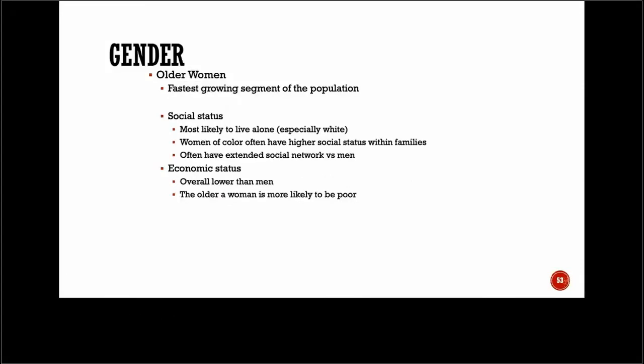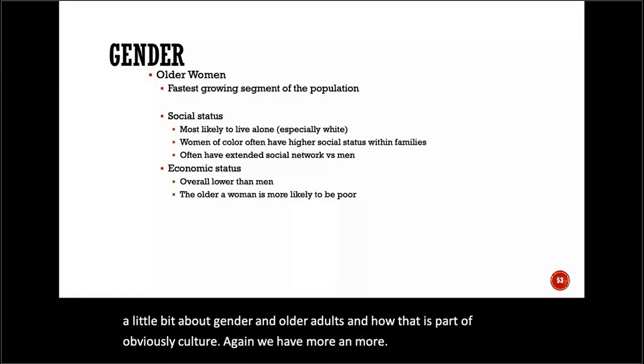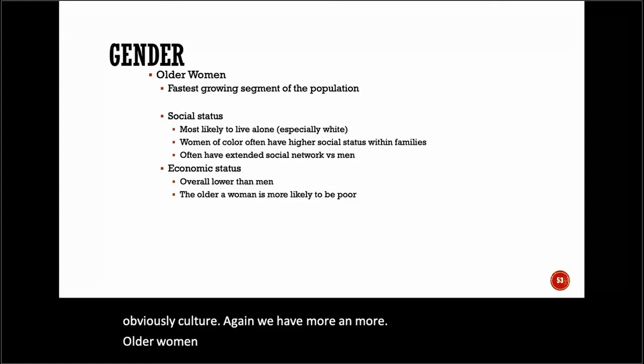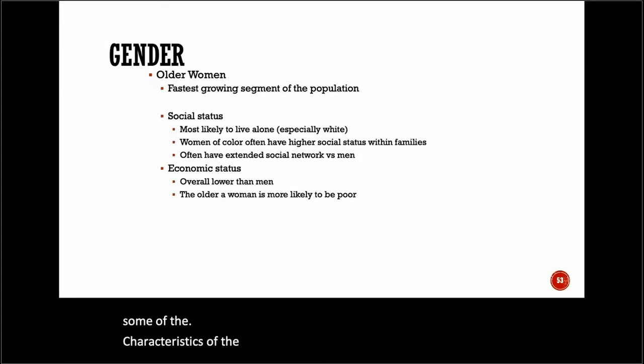A little bit about gender in older adults and how that is part of, obviously, culture. Again, we have more and more older women as a population, or a cohort, if you will, grows. And so we would need to look at and understand some of the characteristics of the older female population.